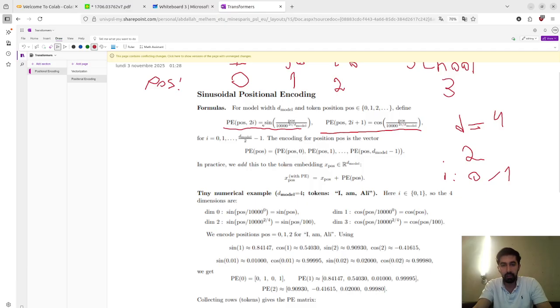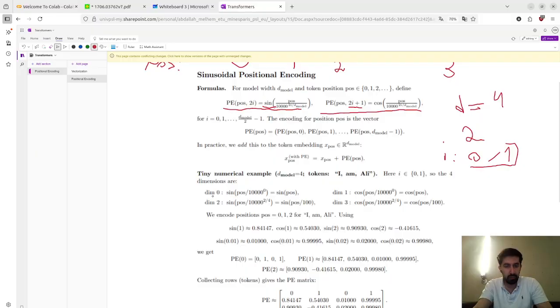First, you get sine of pos over 10,000 to the power 2i over d_model for the even, and when you use 2i plus 1 for your two i's, you use the cosine. So in this case, again we have 0 and 1, so we would be doing it for 0 and 2 for even, and 1 and 3 for odd. This is for the odd, this is for the even.